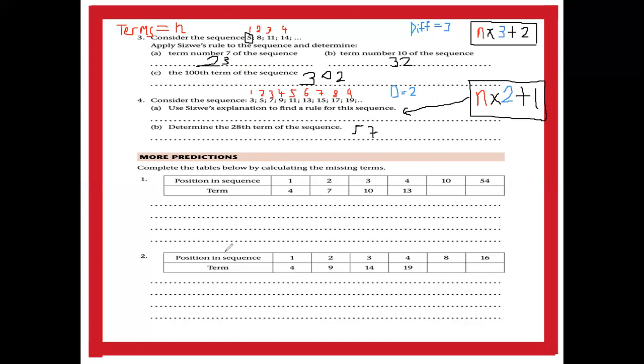57. More predictions. Complete the tables below by calculating the missing terms. Okay, so I'm going to let you guys do these questions. Hope you know how to find the rule for a sequence now.